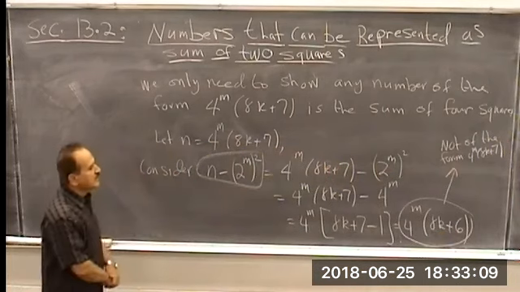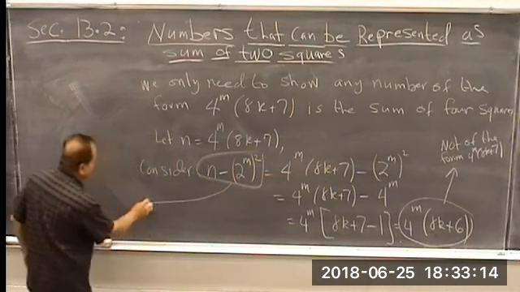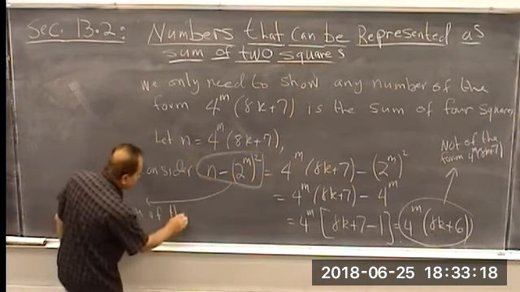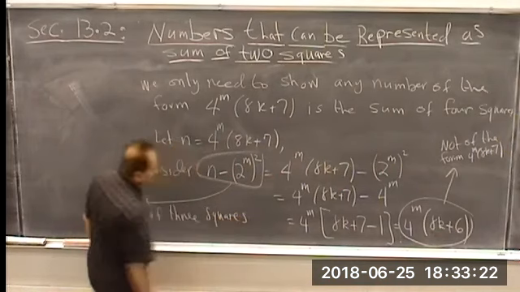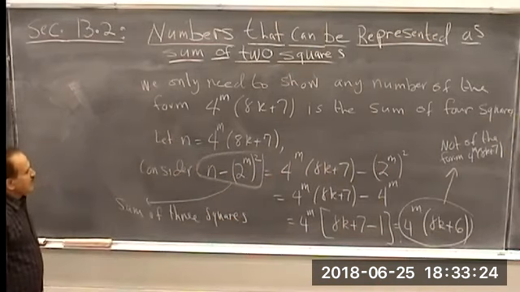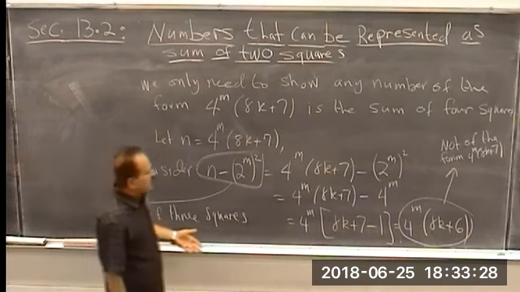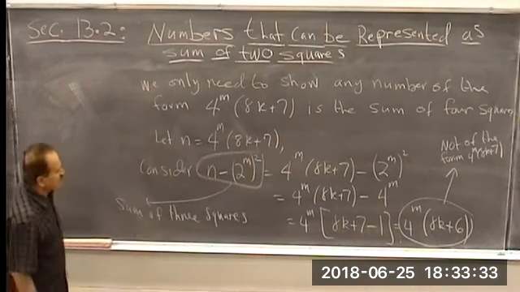So this one is a sum of 3 squares. All right? Because it's not of the forbidden form, it is a sum of 3 squares.